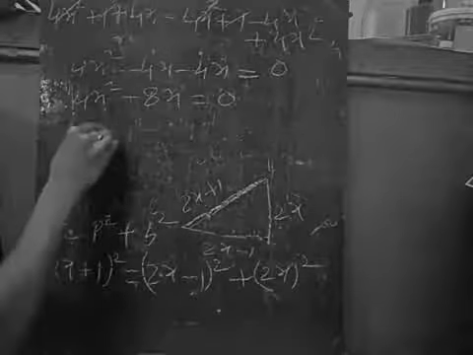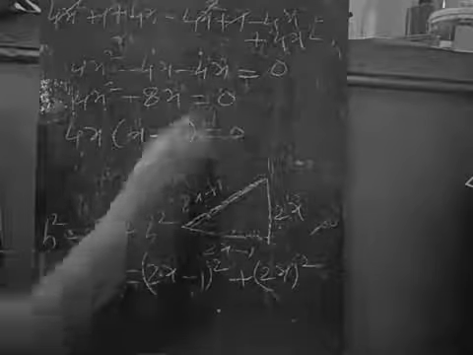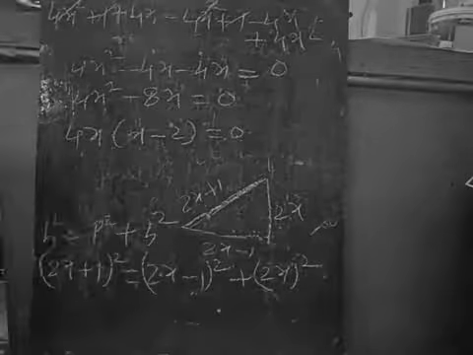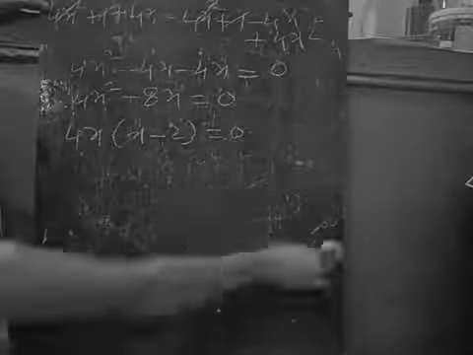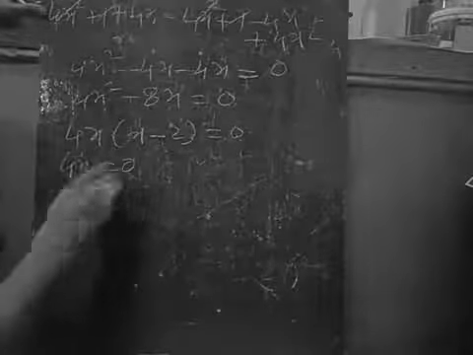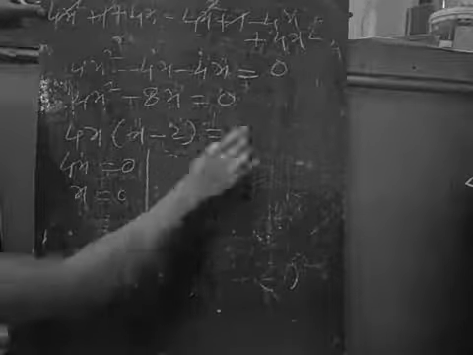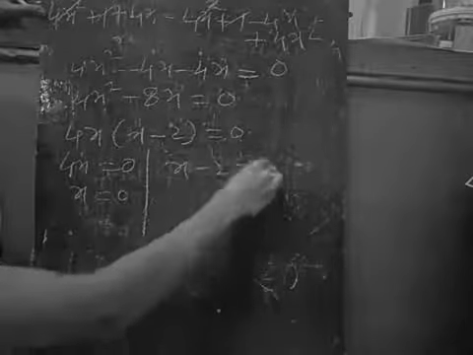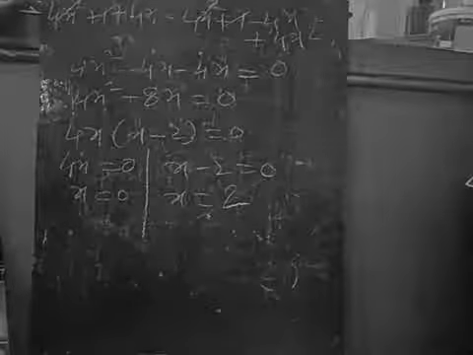For x common, x minus 2 is equal to 0. Now simply we can say each part is 0, applying the zero product rule. 4x equal to 0 so x equal to 0, which is not possible, and x minus 2 is equal to 0, then x equal to 2. We have got the value of x, that is 2 centimeter.